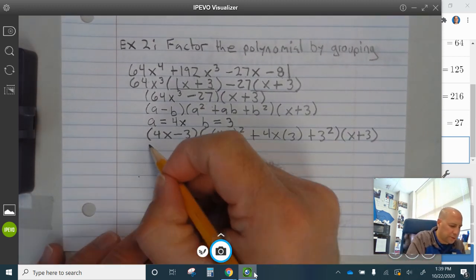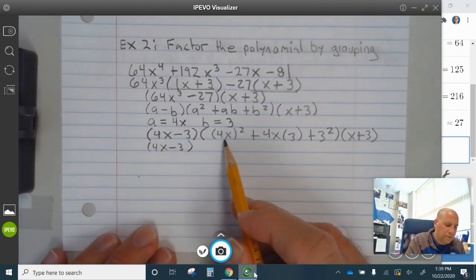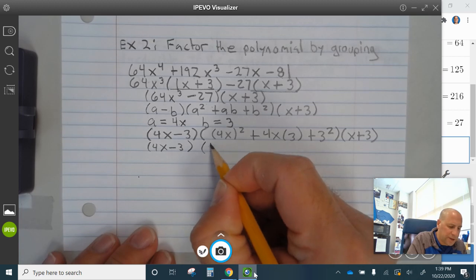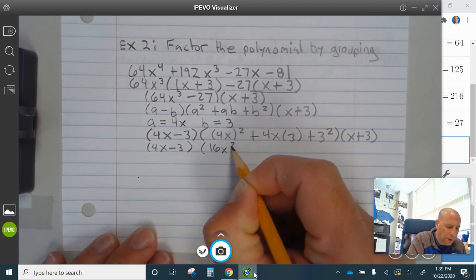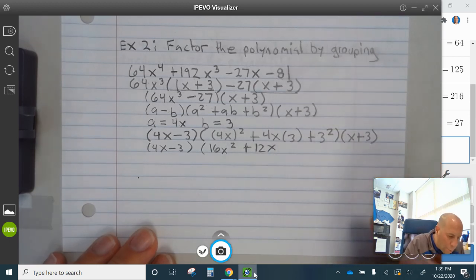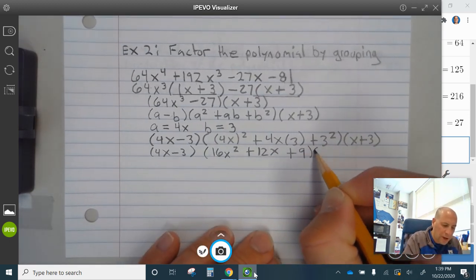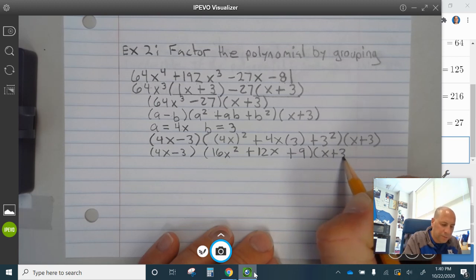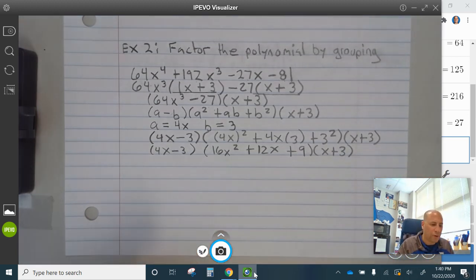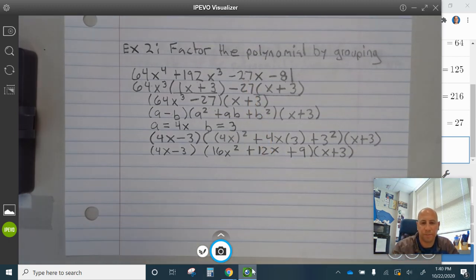Okay, so then that's 4x minus 3 times 4x squared, which is 16x squared, 4x times 3 is plus 12x, and then plus 9, times x plus 3. Now, if we factored this correctly, then when we graph this and this, they should overlap. So let's do that now.